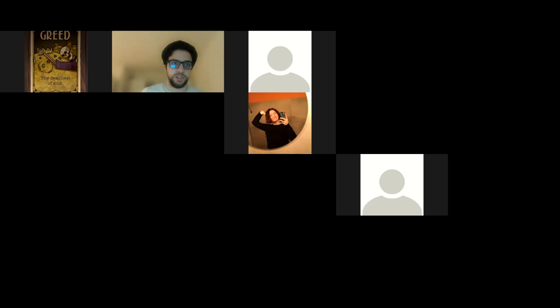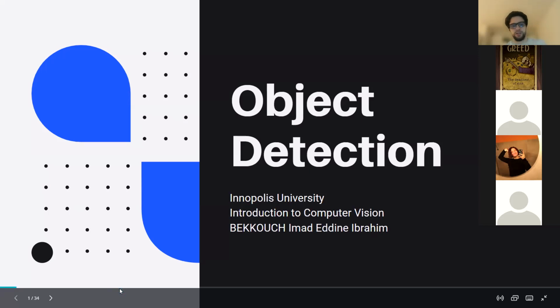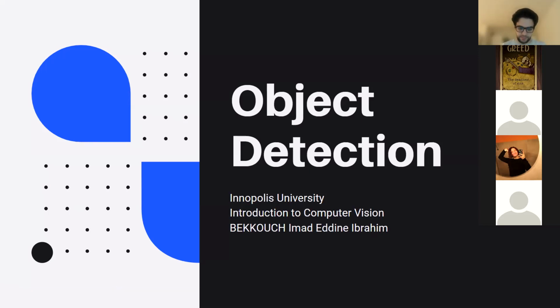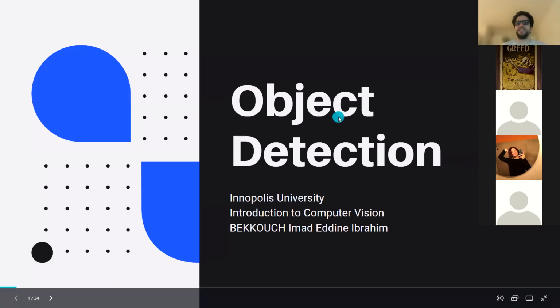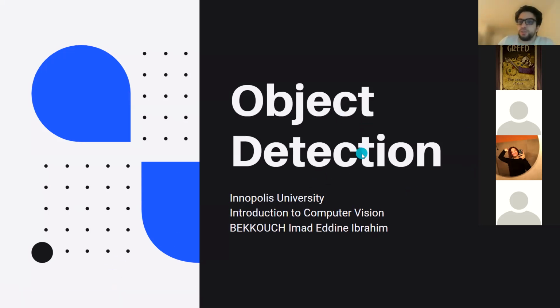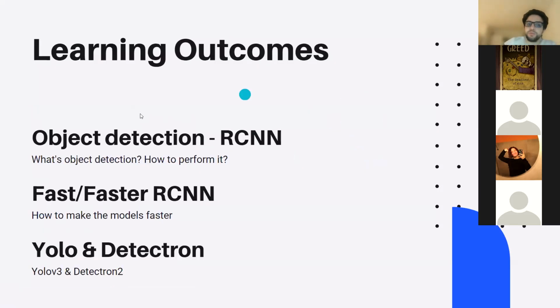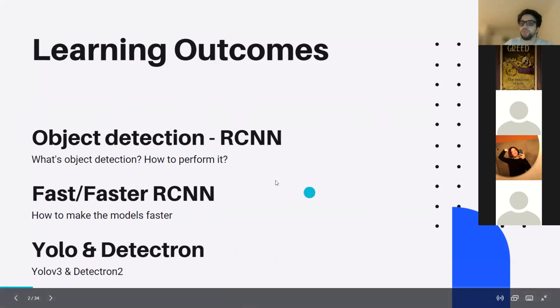Object detection. Nice. So as we said last time in the object detection lecture, we spoke about object detection in general, and then we proposed some simple algorithms to do that.